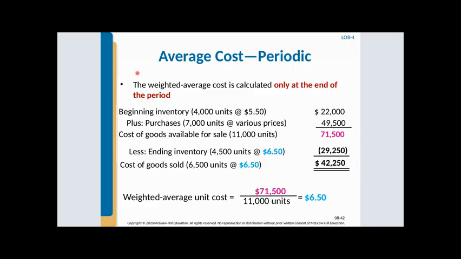For the average cost, the basic formula is that we take our beginning inventory and our purchases, so we have all the goods that are available for sale, and then we divide that by the number of units that we have. And so we come up with an average, okay?